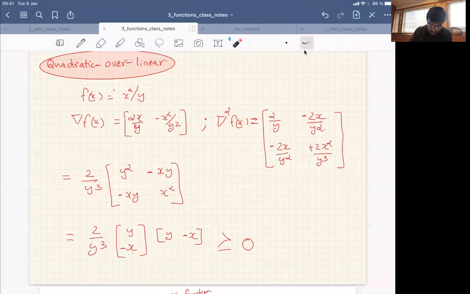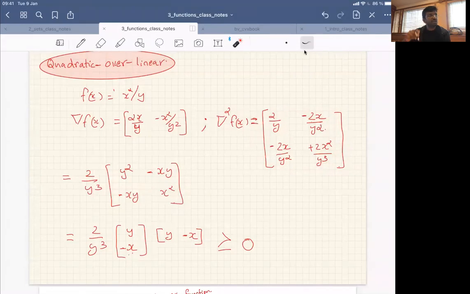Now take this row, this guy, and differentiate with respect to x and with respect to y. When you differentiate with respect to x, you will get a 1 cross 2 vector. Again, when you differentiate with respect to y, you will again get a 1 cross 2. Stack that together and form a matrix.